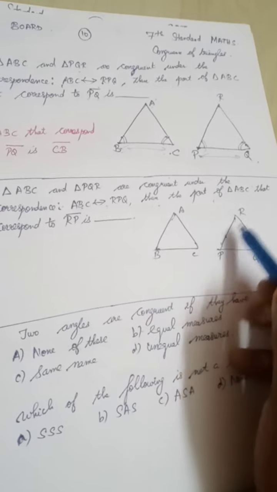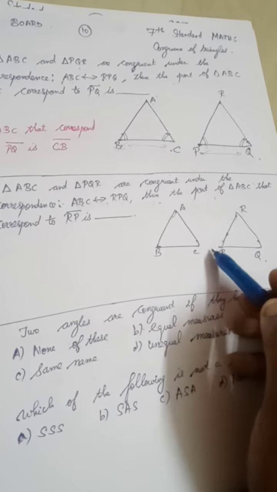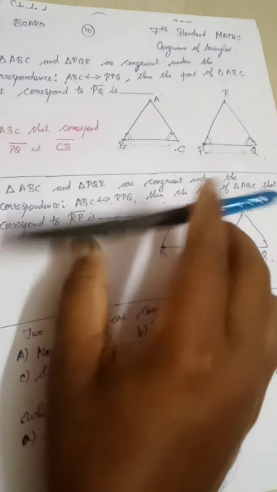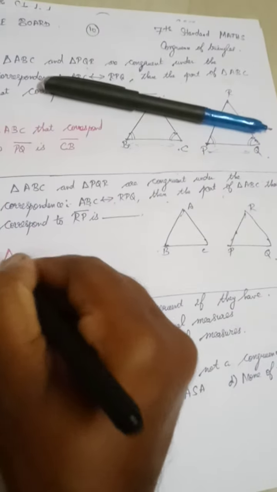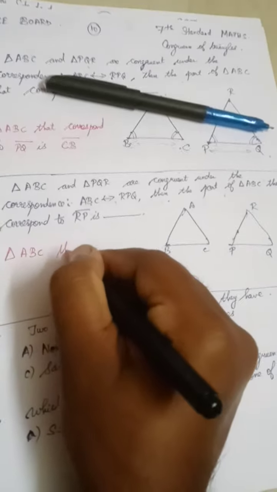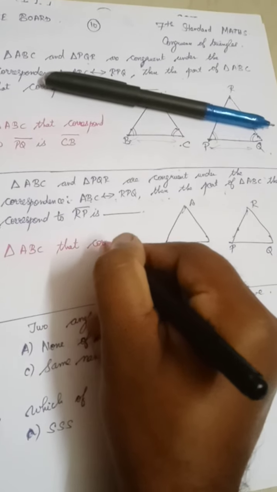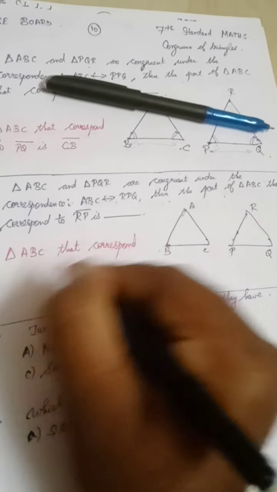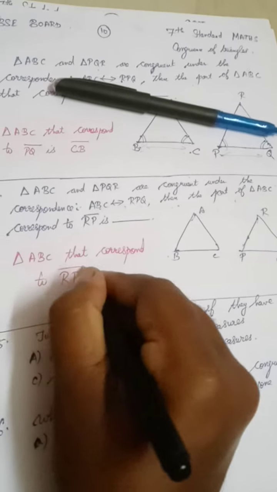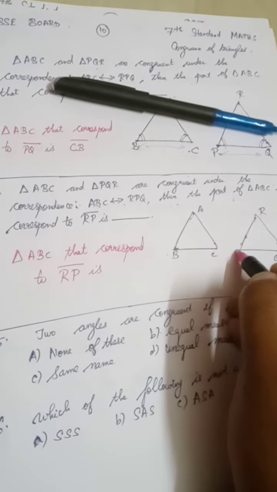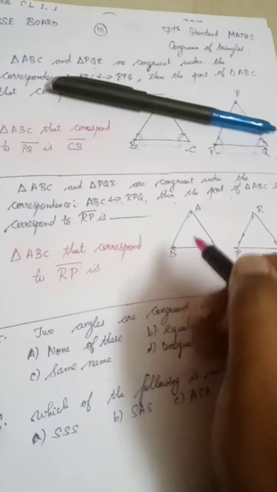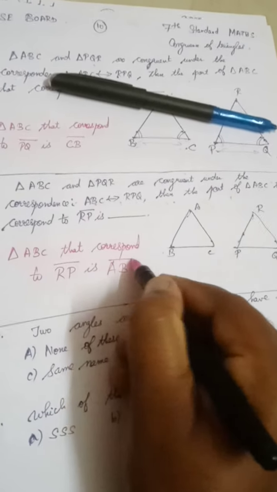The part of triangle ABC corresponding to RP is which one? AB. RP in the same way is AB.